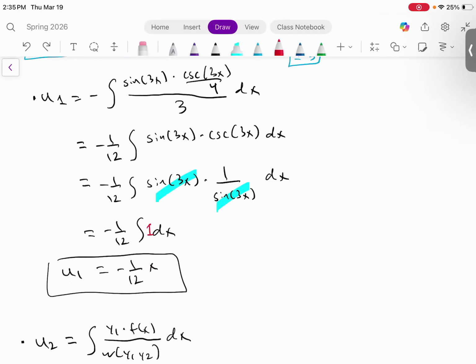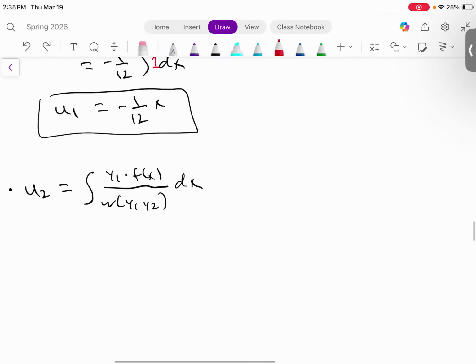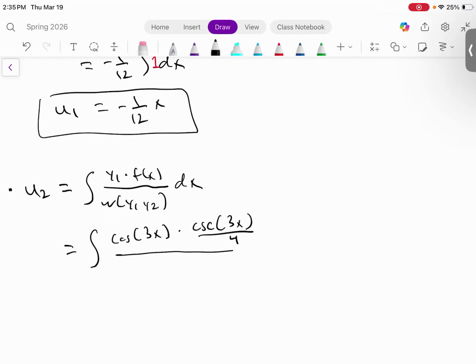So let's take that y1, come back down here and figure out u2. So this would be the integral of cosine 3x times cosecant of 3x over 4, all divided by 3, dx.